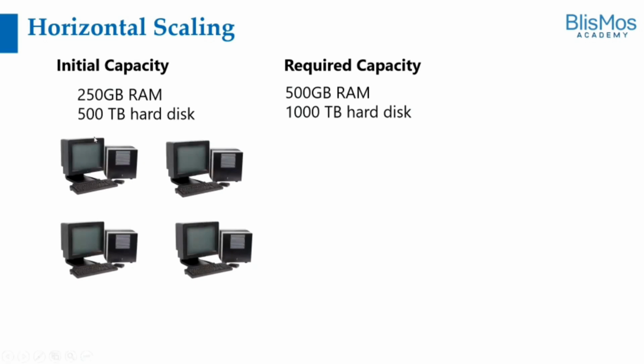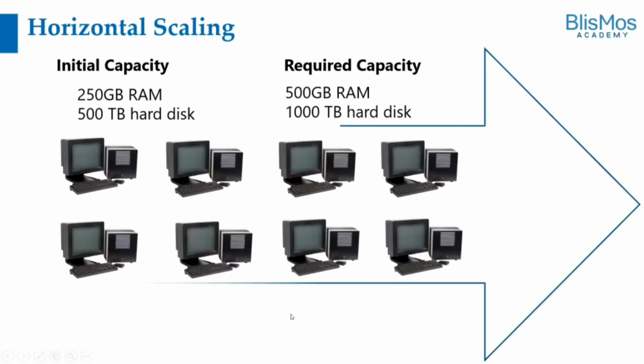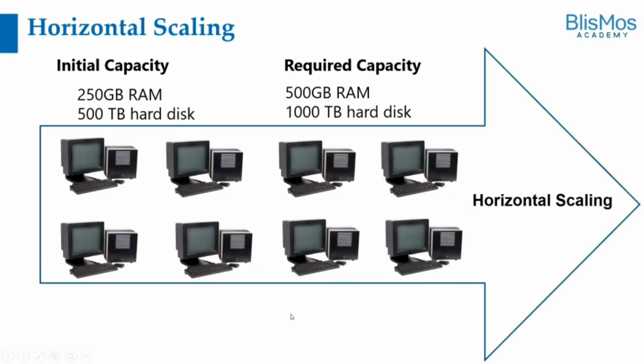Either we can go ahead and increase the capacity of this individual system, which is also called vertical scaling, or bring in 4 more additional systems and connect them over a network. We are increasing the capacity of the overall system by adding 4 more systems. This is also called horizontal scaling.